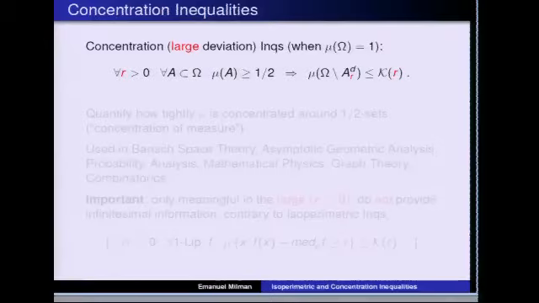So concentration or large deviation inequalities only make sense when the total measure of the space is finite, in which case I can just renormalize and assume that the total measure is equal to 1. So mu is a probability measure. And this is a statement of the following form.